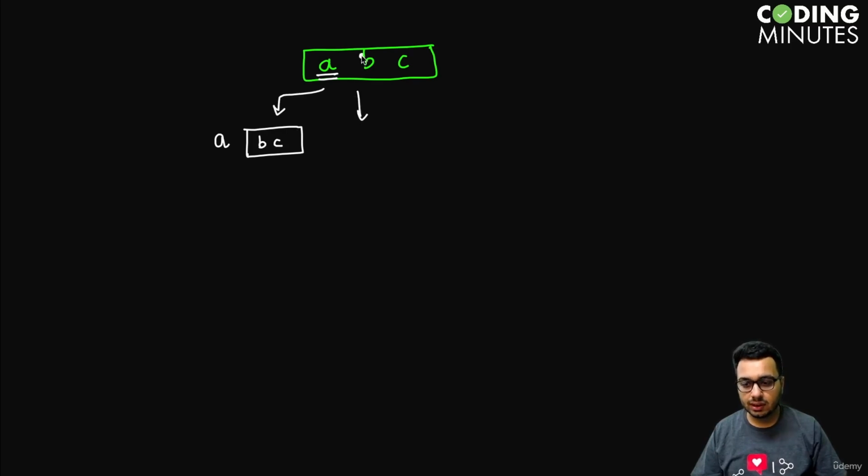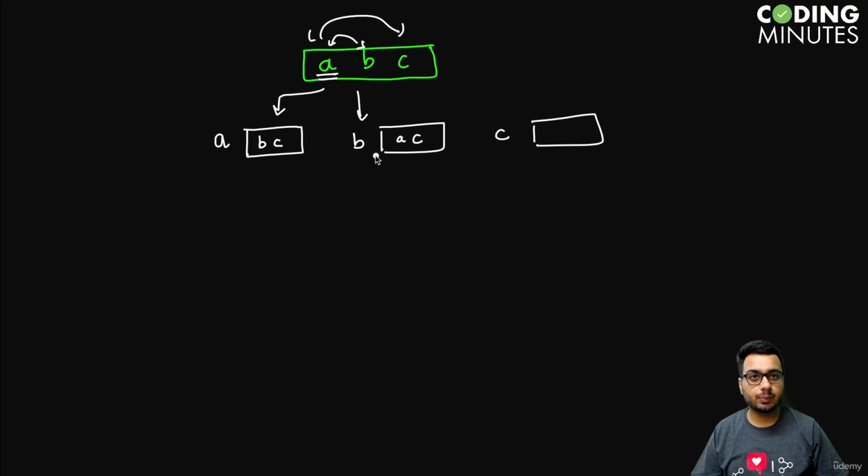Another path could be, let us put B at the first place and find permutations of the smaller string, that is AC. So we swap B with A. Or maybe we swap C with A, so C comes to the first place and we find permutations of the smaller string, that is BA. If you do the same thing for the smaller string BC, you can get ABC or ACB.